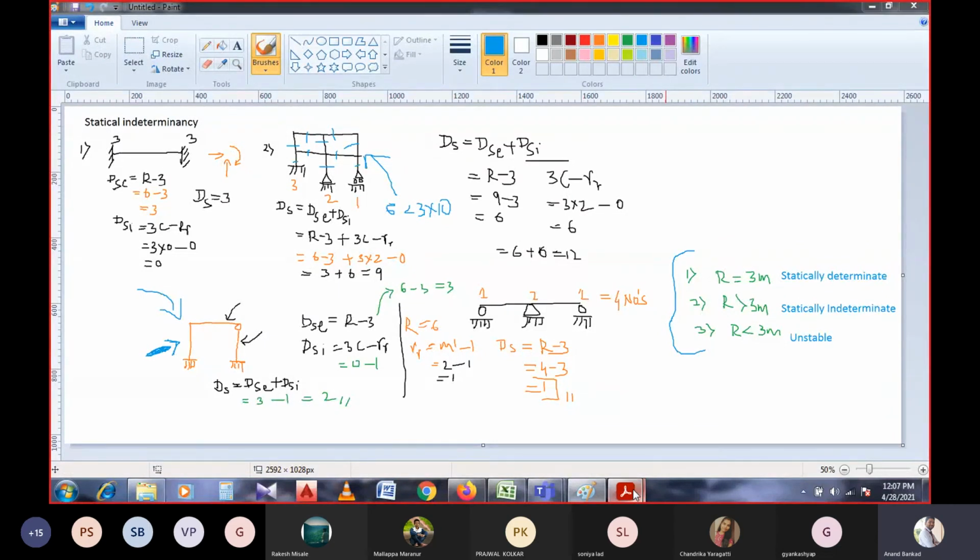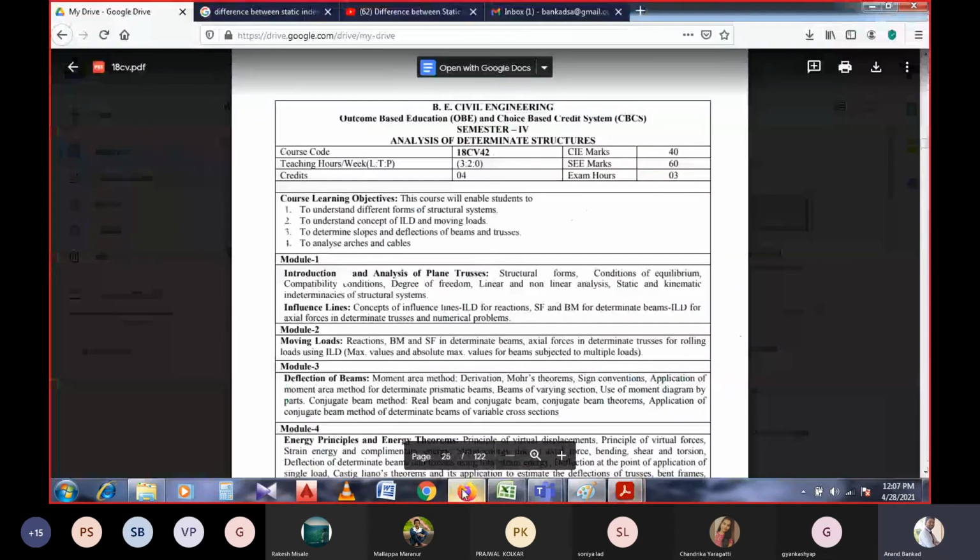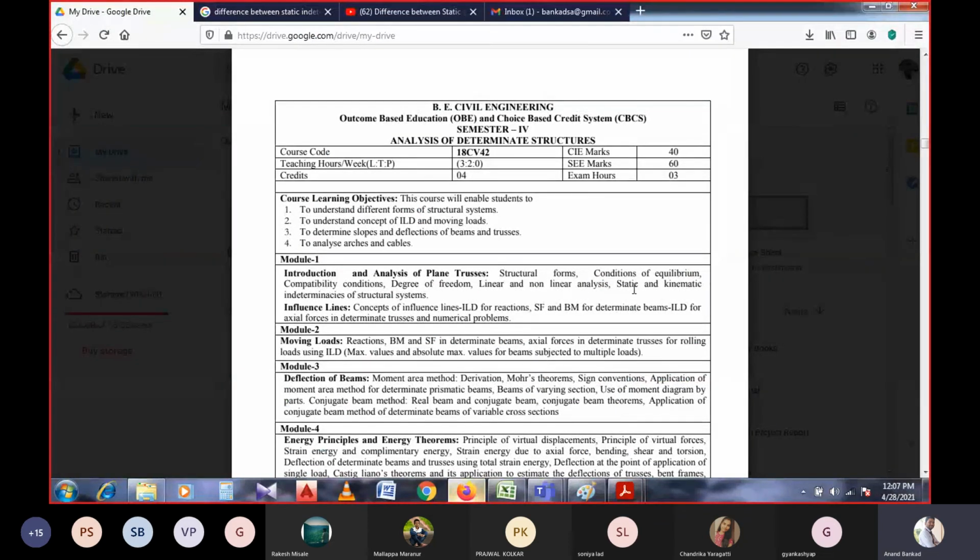We have discussed statical indeterminacy for beams and frames. In coming classes we'll discuss statical indeterminacy for pin jointed trusses, and later move to calculating the kinematic indeterminacy for the same structures.